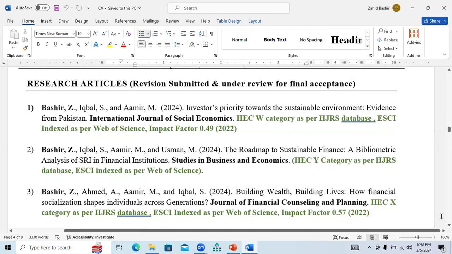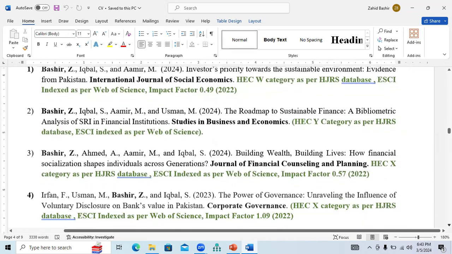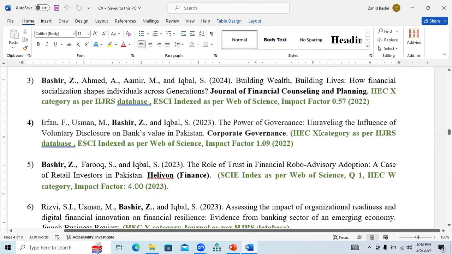At present, 8 of my publications are in the publication stage. These papers are accepted in W category, Y category, X category, and so on.